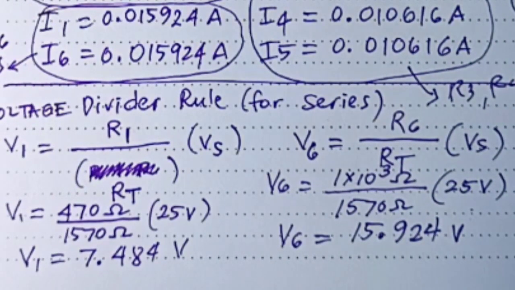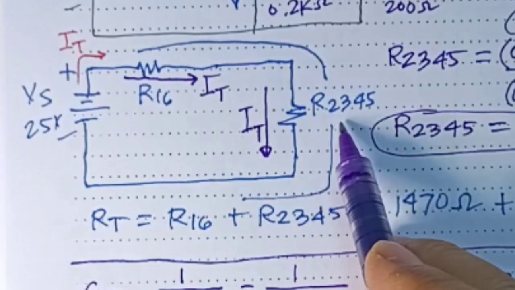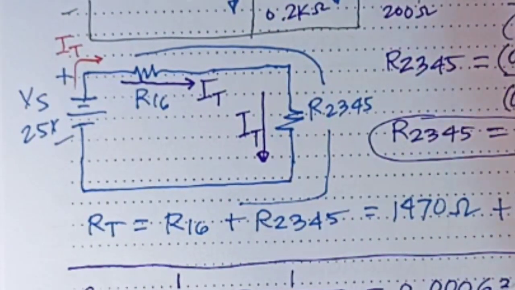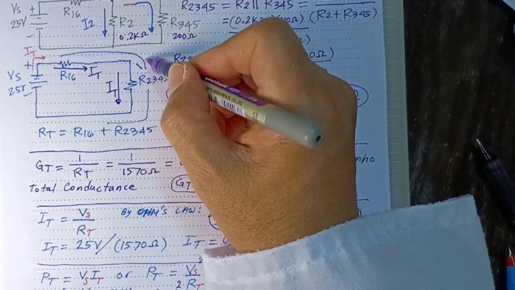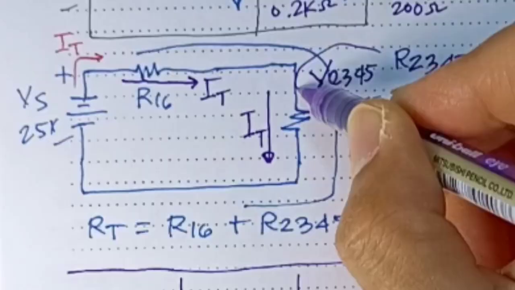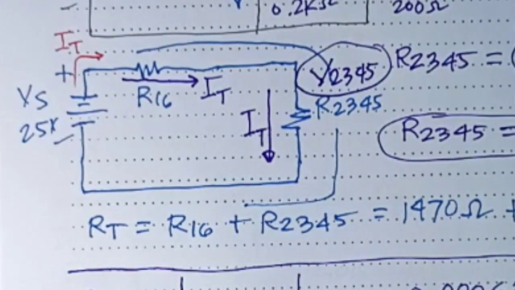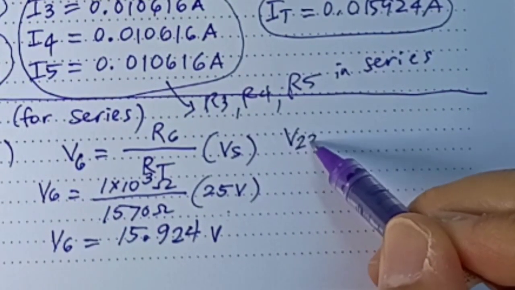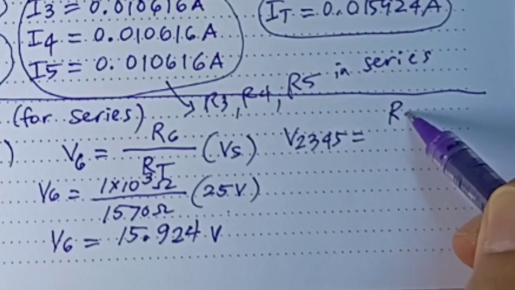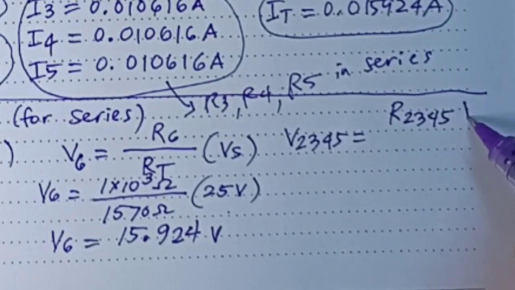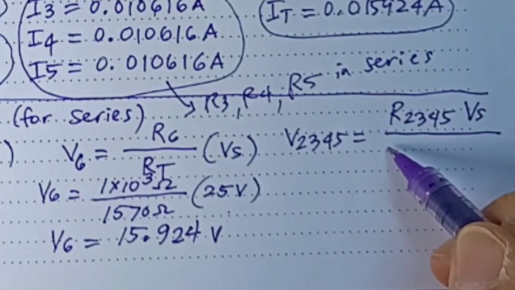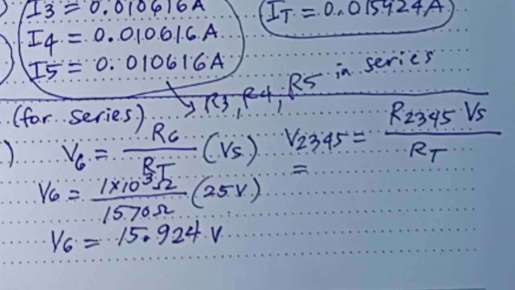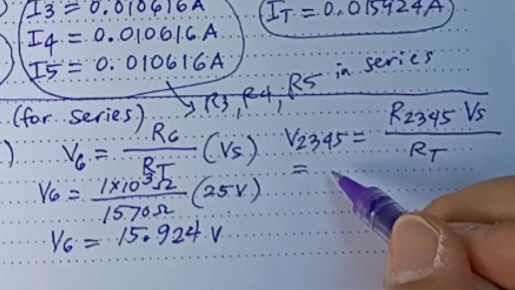Now, if we want, we can get also the voltage of R2345. Because we got the voltage of V1 and V6, we can get the voltage of this 2345. So let's call it V2345. Now, how to get V2345? Same formula like what we did here. V2345 equals R2345 multiply with Vs over the R total. R2345 is how much? 100 ohms, right?